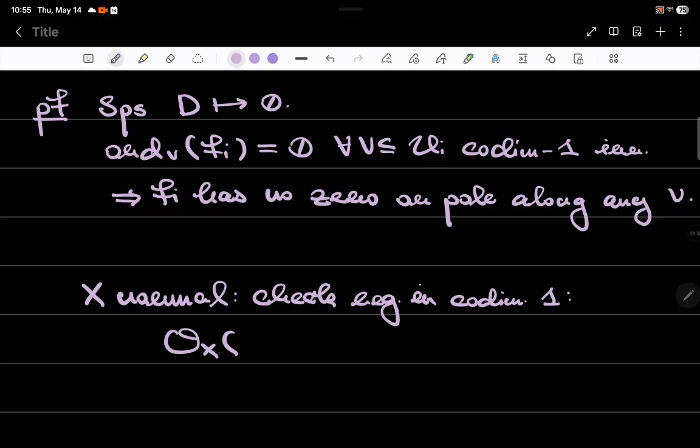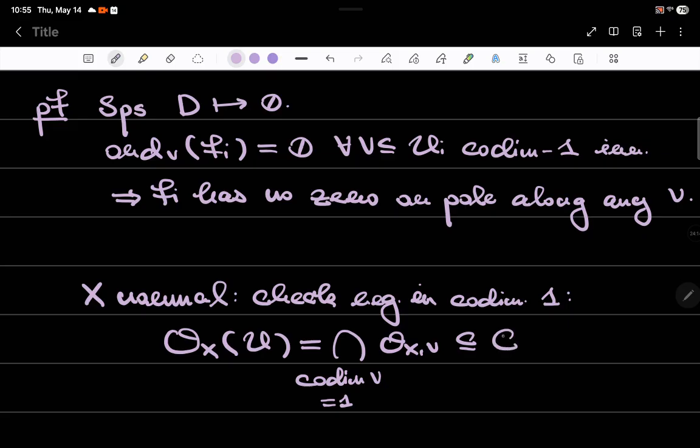We have that O_X(U) is equal to the intersection over V of O_{X,V} inside the rational function field.